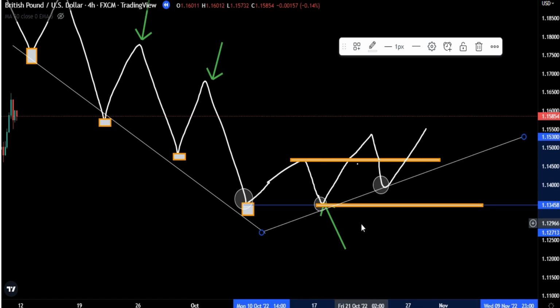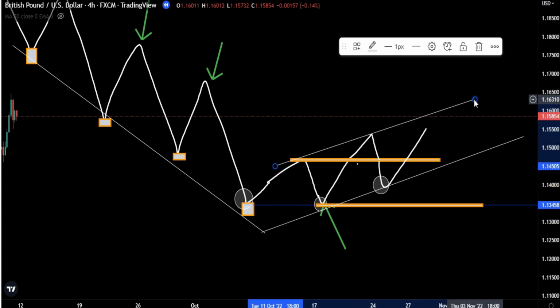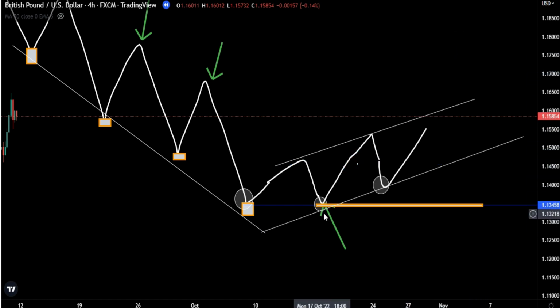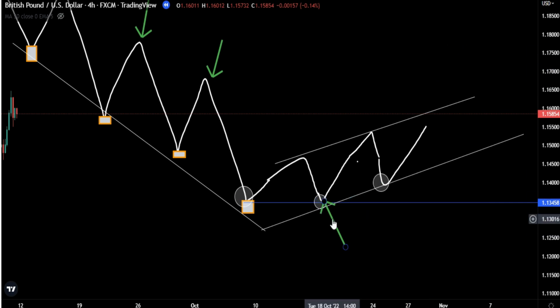A trend line is simply a diagonal line that connects two or more swing highs or two or more swing lows. So if this line can connect this, let me do away with this. You can see that this is now a trend line.